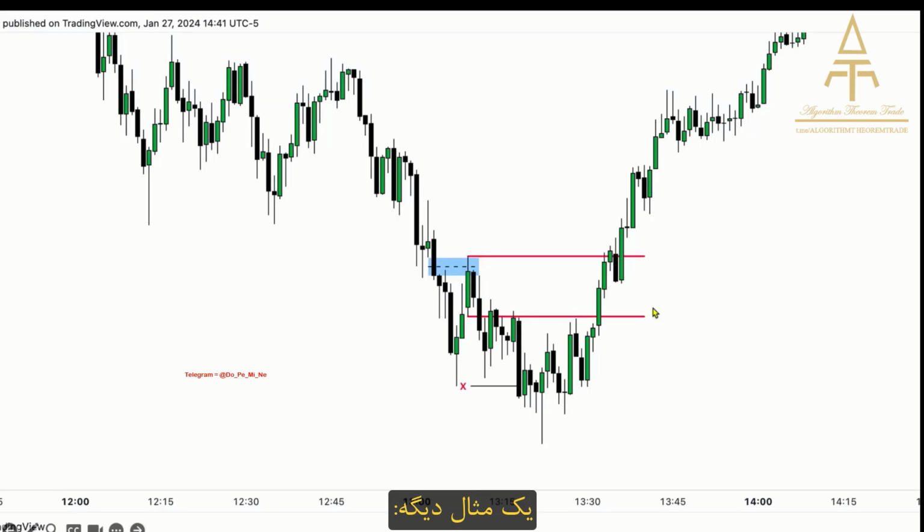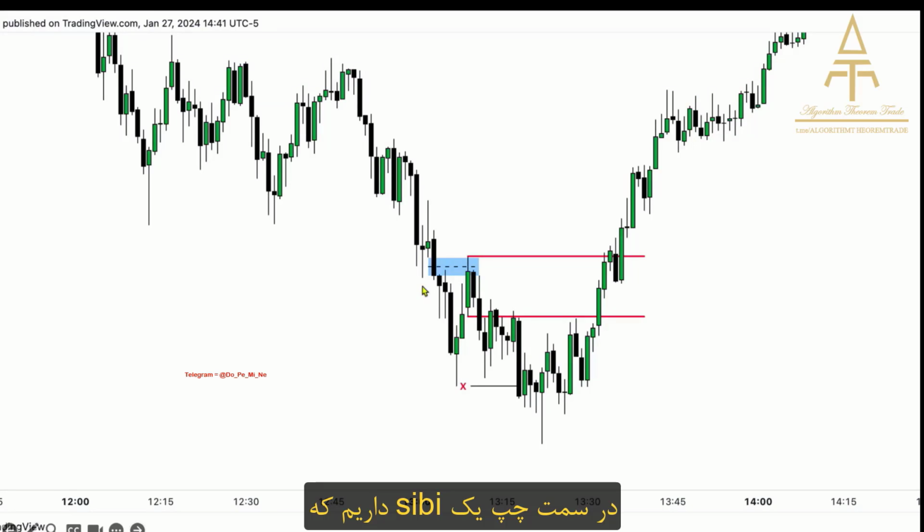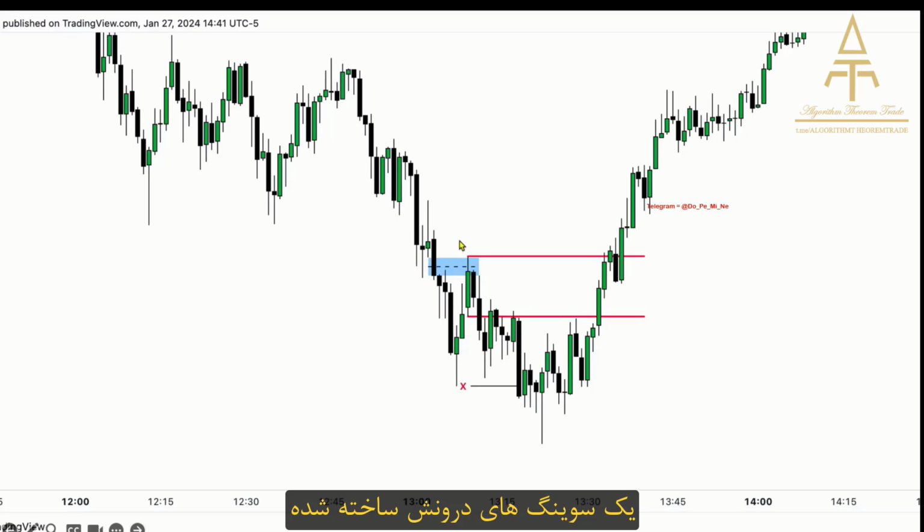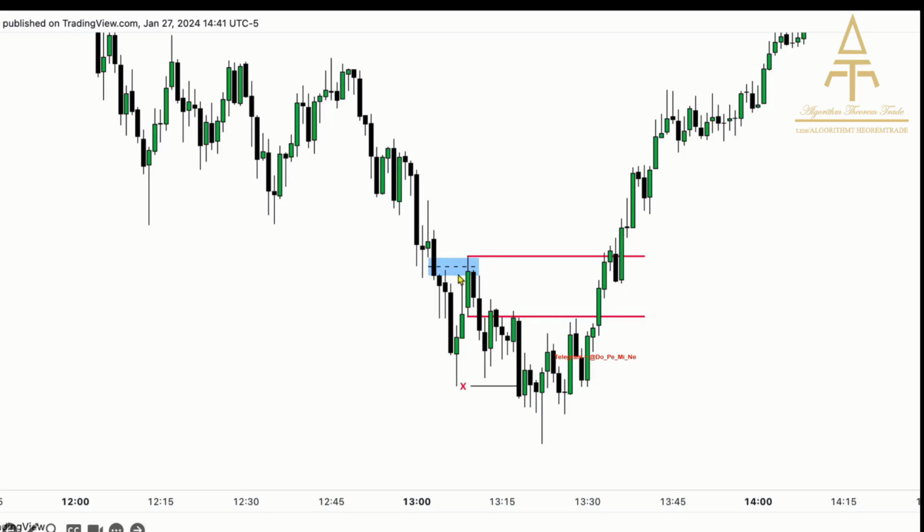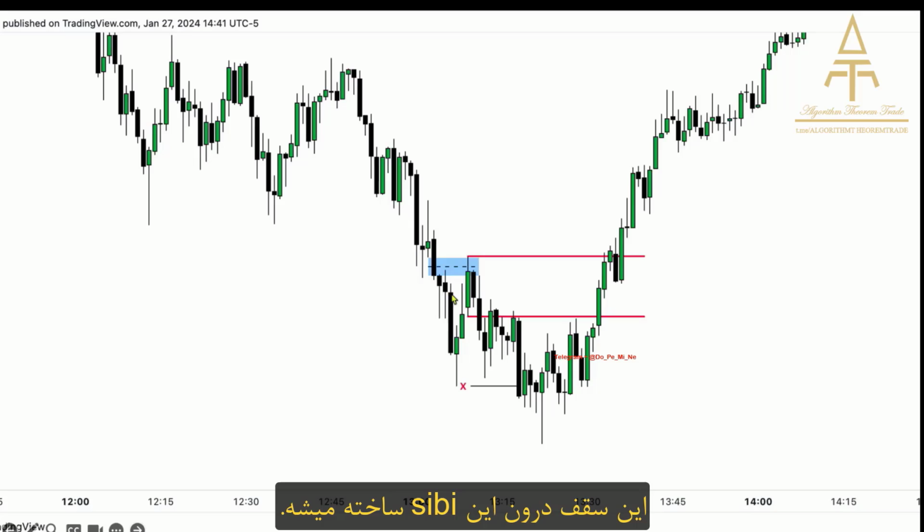And here's another example. What we can see is that there's a CB on the left side of the curve that got created here. A high formed inside of that CB. This is that same price example again, by the way, but annotated a bit differently. What we see is that that high gets created inside of that CB.